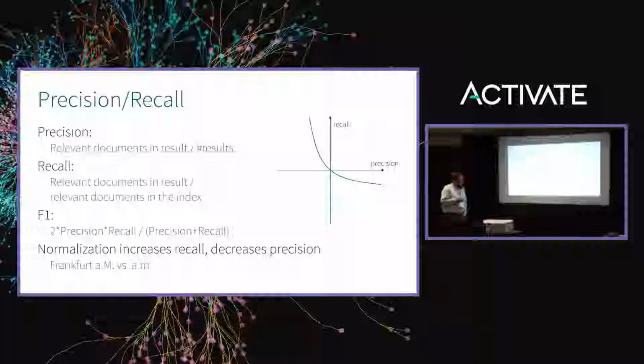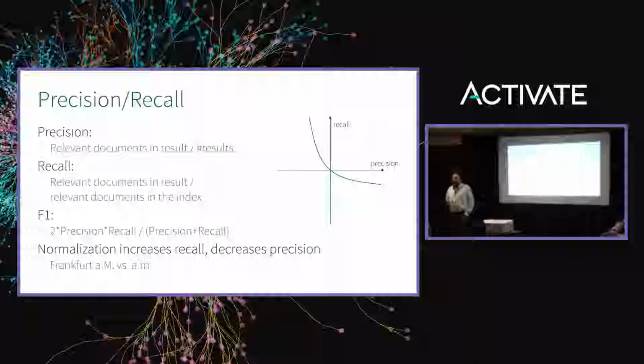So in search you normally define two measurements, precision and recall. Precision is how many documents in your results are relevant compared to all of your results, if a human would sort your documents by whether they are relevant for the search or not.